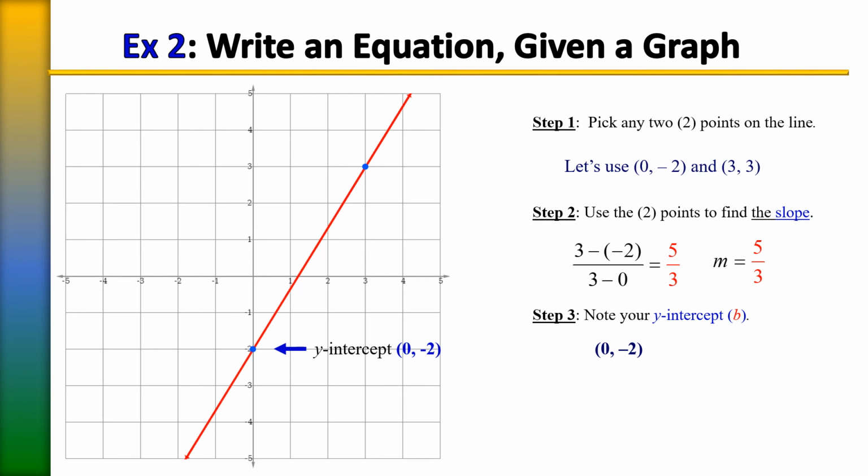Then putting the y-intercept of negative 2 in the back of it, your line would be y equals 5/3 x minus 2. So that's method one: simply pick any 2 points, preferably whole number points, plug them into the slope formula, find your slope, then find your y-intercept, the point where it touches the y-axis, and put everything together, and you have your line.